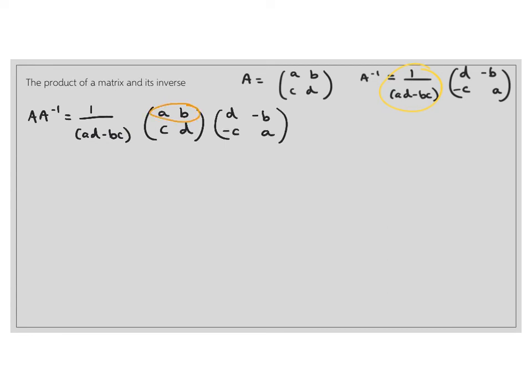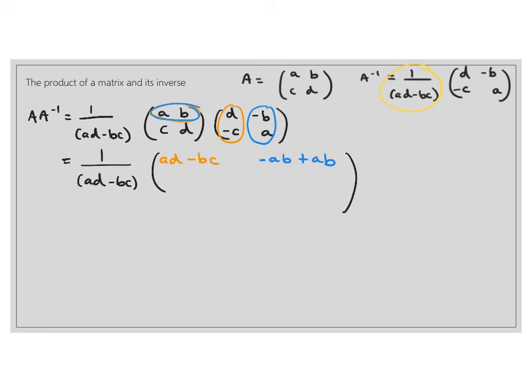And let's start the multiplication with these two over here. So I'm going to keep my 1 over AD minus BC there. Now the orange parts give me A multiplied by D minus B multiplied by C. Let's now do this multiplied by this, which gives me minus AB plus AB.